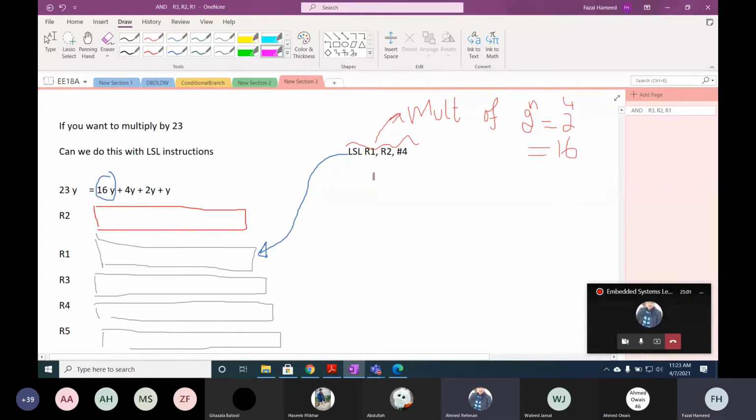Why 16 zeros? What is this? This is the source. Sir, R2 shifted 4 times became 16. And this one is the destination.